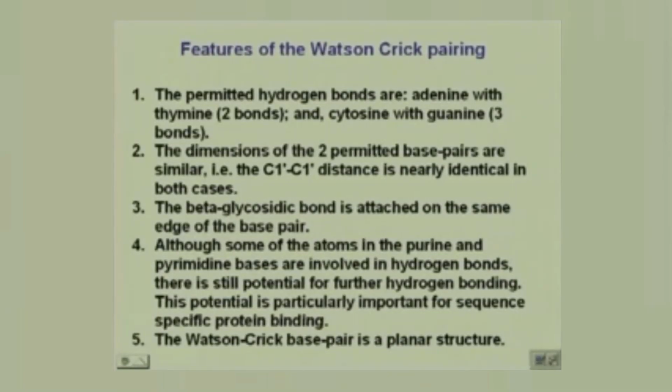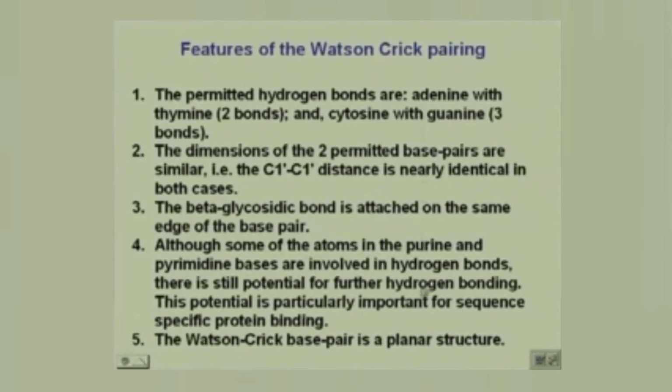Now, this is important because later on these may be involved in interactions with proteins or interactions with other compounds. Okay? And another thing that is important is that the Watson-Crick base pair is a planar structure, and this is going to have certain implications in the stacking of the bases in the structure of DNA. Okay? So these are the features.